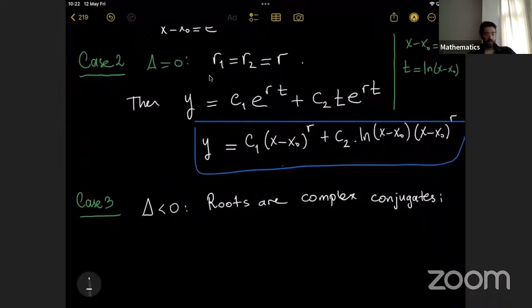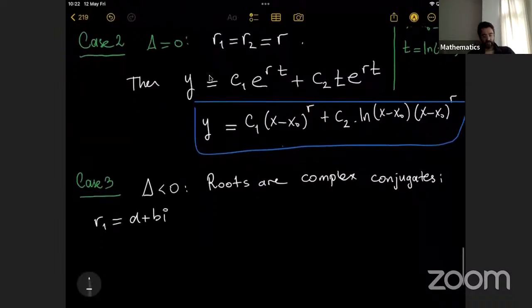So we have R1 is A plus Bi, and R2 is the conjugate of this, A minus Bi, okay?